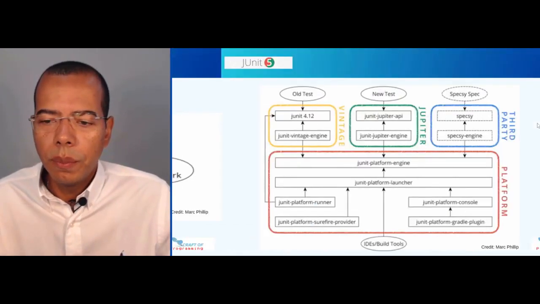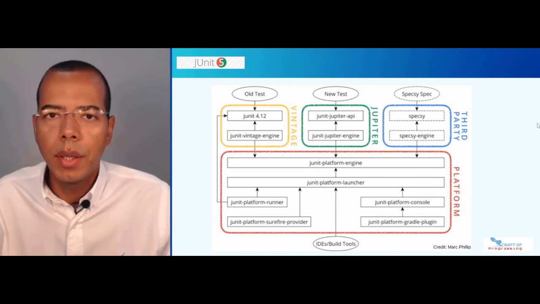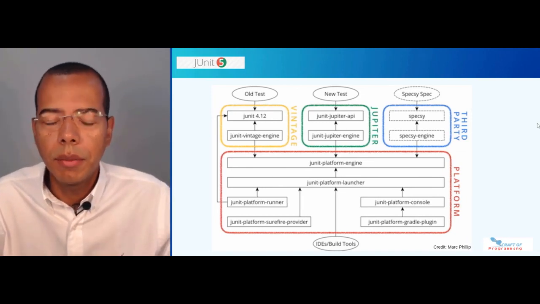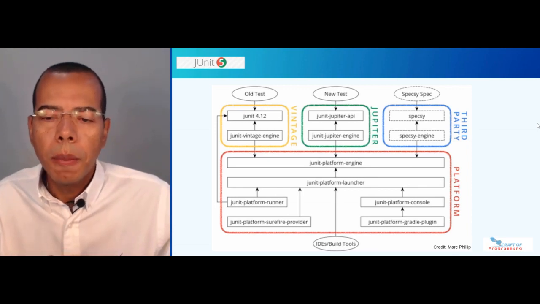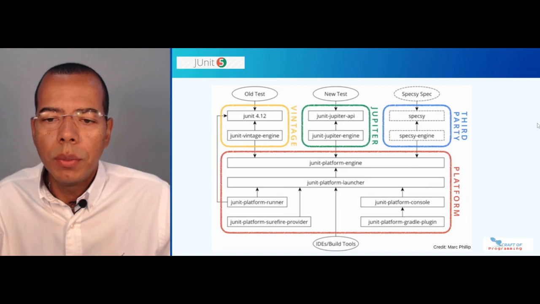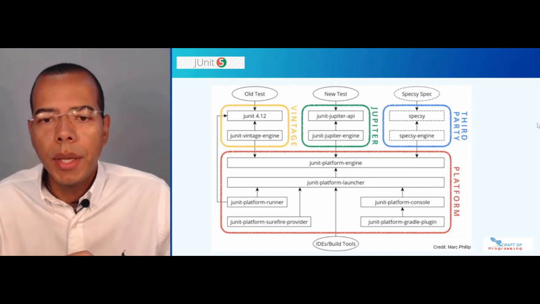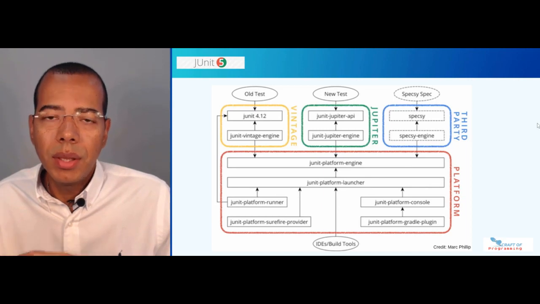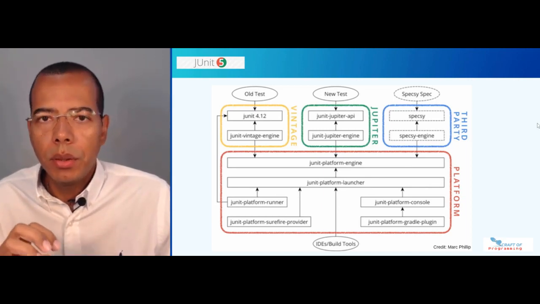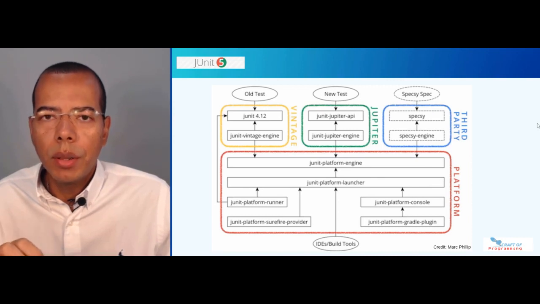In this new architecture, again credit to Mark Philipp for the diagram, you can see that there is a much cleaner API. As a test implementer, you would be using the Jupiter API, which is here in green. The only thing that you really need to depend on is the Jupiter API jar.